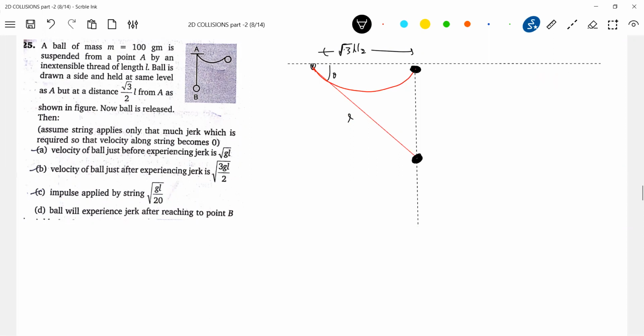Let me write it here. Theta is 30 degrees, just before jerking. So the ball will have a speed u. That's all, no? After the jerk, just after the jerk, a jerk will be produced.